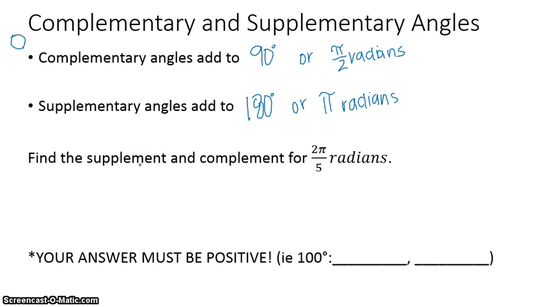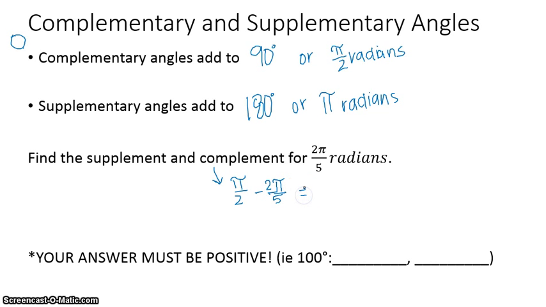So if I wanted to find the complementary angle to 36 degrees, you're going to do 90 minus 36. Where I'm saying find the complement and supplement for 2 pi over 5 radians, we'll do complement first. I'm going to do pi over 2 minus 2 pi over 5.